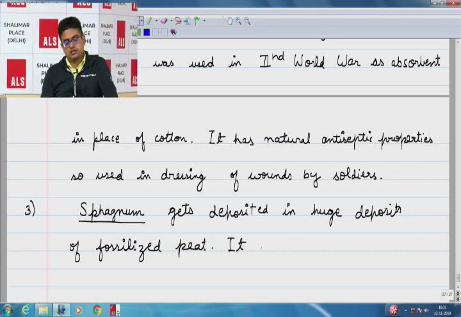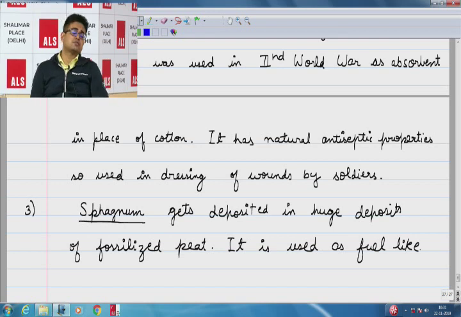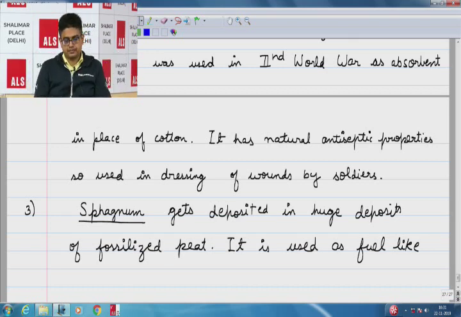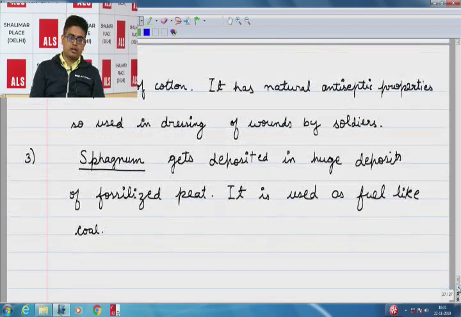It is used as fuel, like coal, because fossilization is very easy. It has antibacterial properties and is acidic, so it will not get decomposed easily, and because of that, fossils have been formed by one layer of sphagnum being deposited over the other, like coal. This is about Bryophyta. Bryophyta is finished.